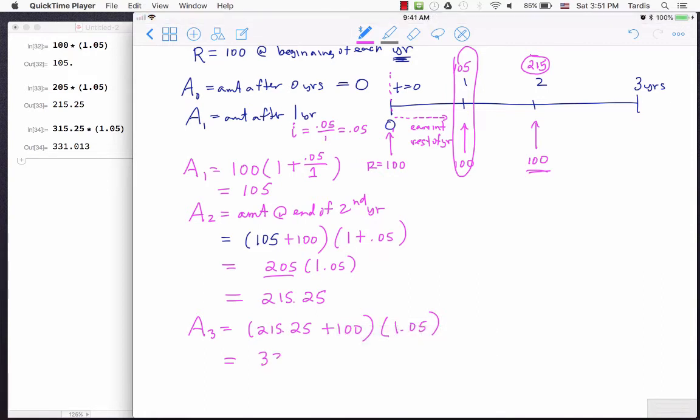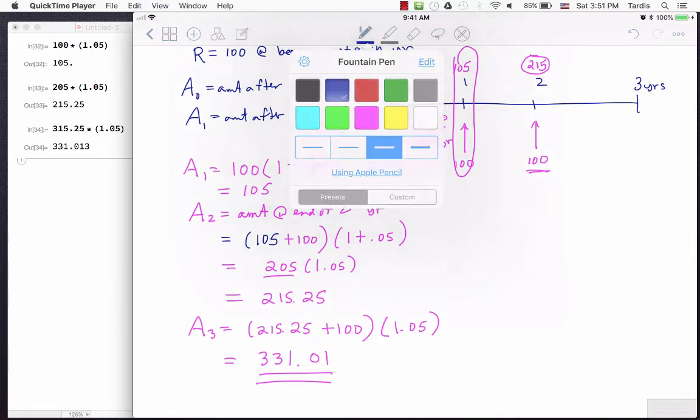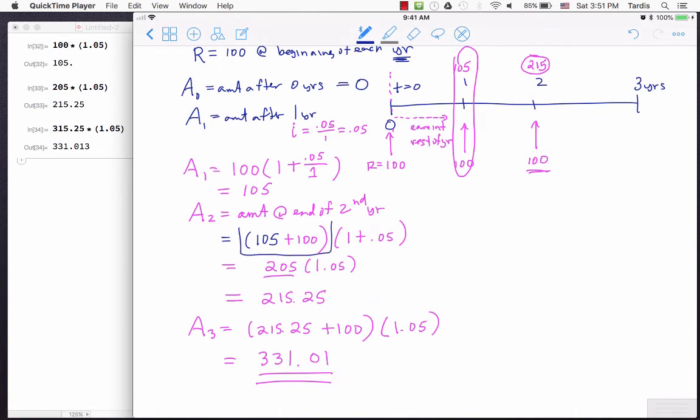So you have $331.01. Okay, there is a formula for this. So the process right here of making your deposits, so you deposit first and then earn interest.